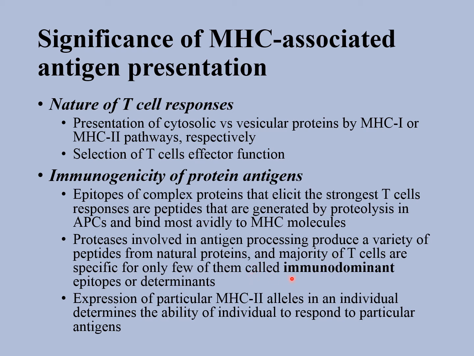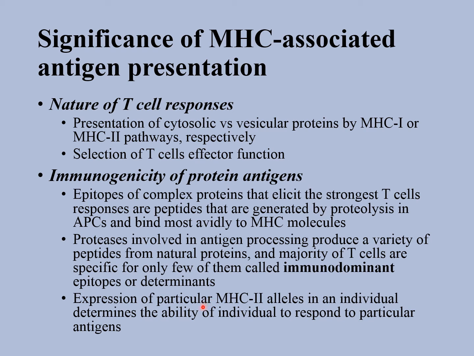Those peptides are called immunodominant epitope or determinant. So they elicit a high level of immune response as compared to the ones which are not processed by antigen presenting cells and are not presented by MHC molecule.